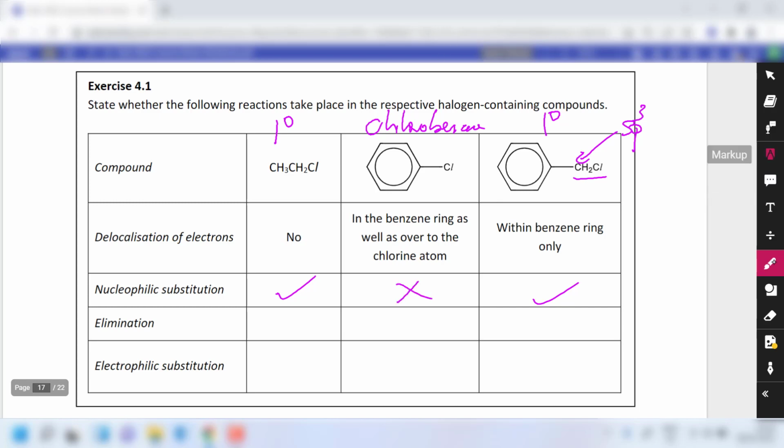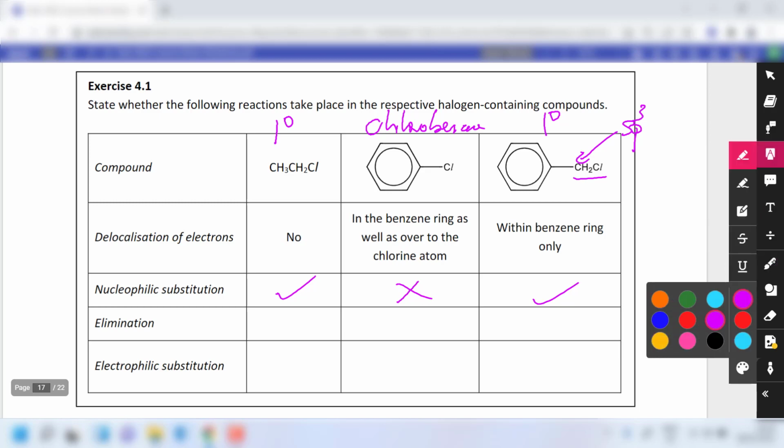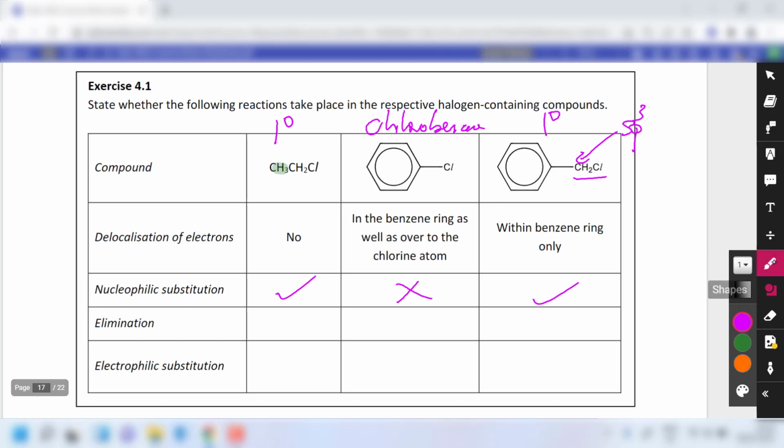What about elimination? Let me highlight the beta hydrogen. For chloroethane, these are the beta hydrogens. For chlorobenzene, there is no beta hydrogen. Oops, shouldn't be this. The beta hydrogen is actually here and here. So potentially chlorobenzene could undergo elimination.